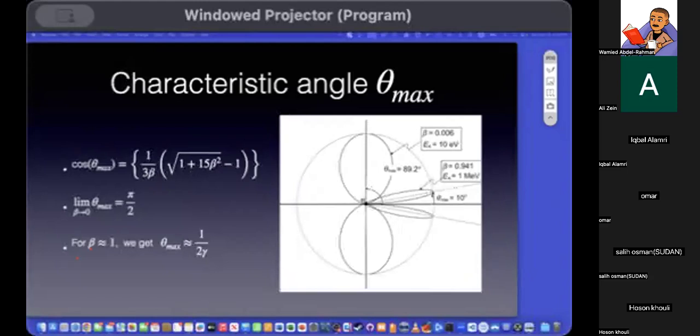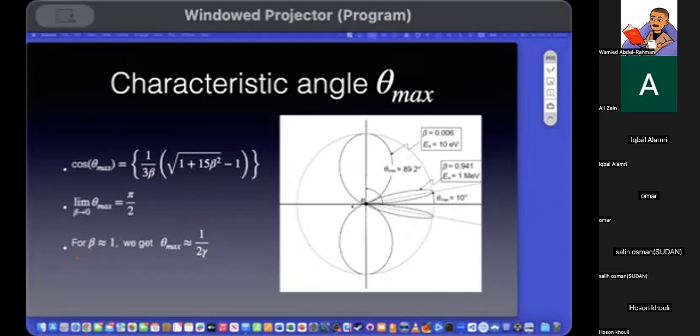Now here, on the other hand, these two loops represent the pointing vector when we have a 1 MeV electron. Roughly beta is about 0.95, or the speed of this electron is about 95% the speed of light.